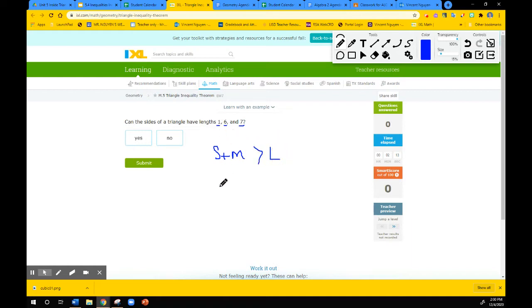Let's put our numbers in. 1 plus 6, is it greater than 7? Well, 1 plus 6 is 7, and 7 is not greater than 7. This is a false statement, so it is not going to form a triangle. It is too short to form a triangle. So we're going to select no for this.